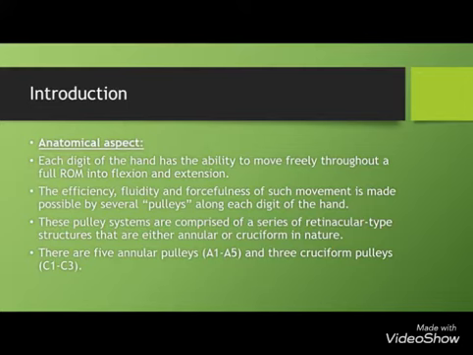The efficiency, fluidity, or forcefulness of such movement is made possible by several pulleys, and this pulley system is comprised of a series of reticular type structures that are either annular, which is ring shaped, or cruciform, which is cross-like in nature.